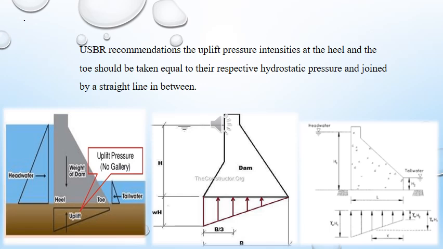Taking the moment about the toe, it comes out clockwise, and all the clockwise moments are the disturbing moments. So if water pressure acts clockwise, it is disturbing. If it acts anti-clockwise, that is resisting. The same for the weight of the dam. Taking the moment of the weight of the dam about the toe, it comes out anti-clockwise. So that gives the resisting moment.